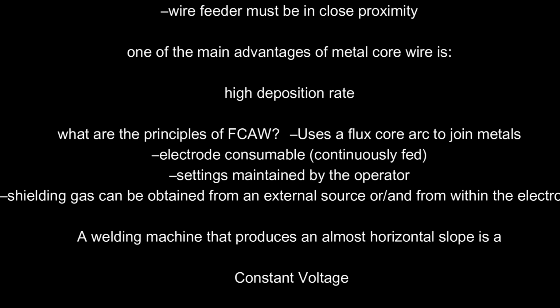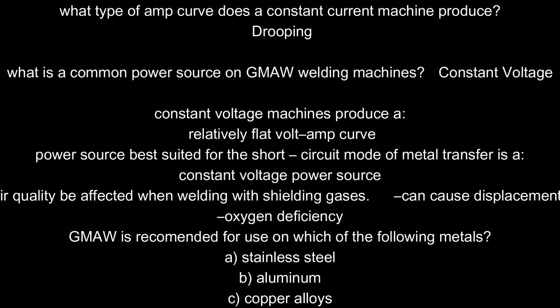A welding machine that produces an almost horizontal slope is a constant voltage. What type of amp curve does a constant current machine produce? Drooping. What is a common power source on GMAW welding machines? Constant voltage.